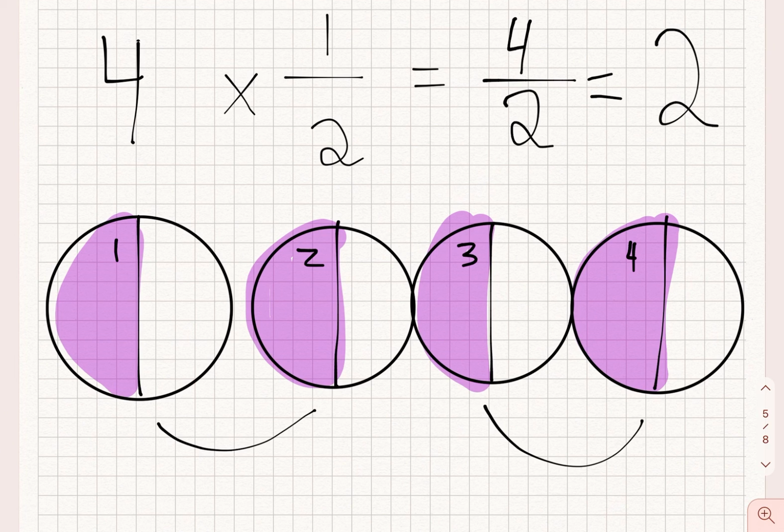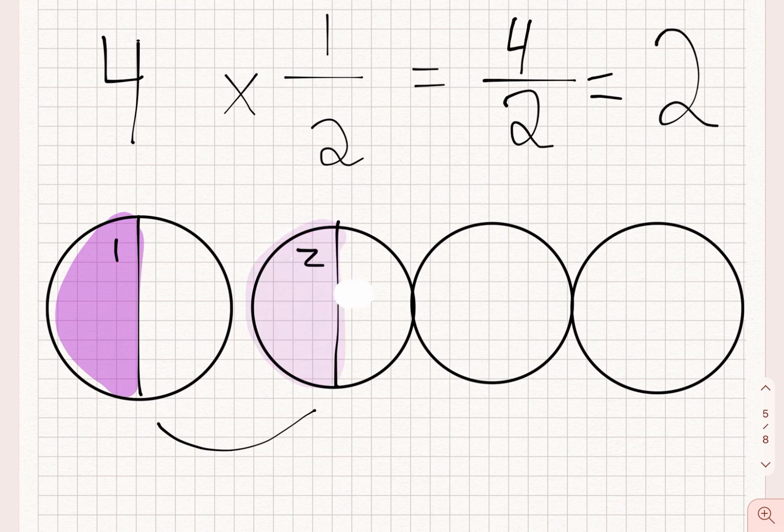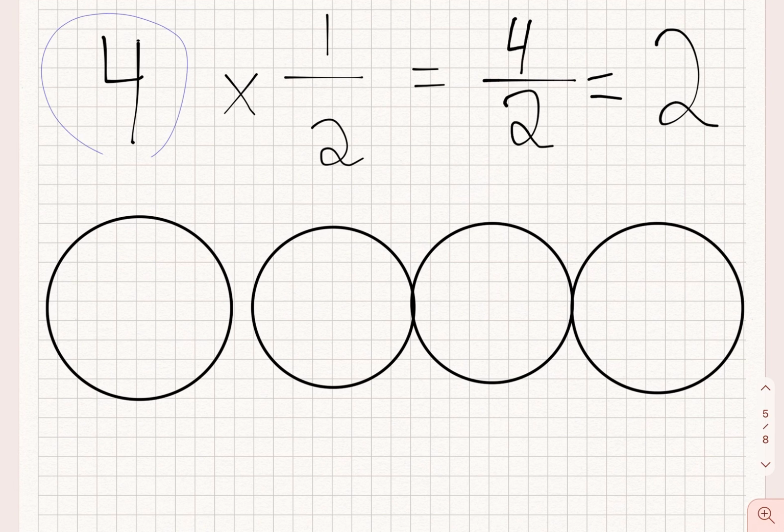But I want to learn how to do this without the models. So let's give that a try. To do this without the models, I would multiply. First, I would turn the number 4 here into a fraction. I take the 4 and put it up on top, and I put that over a 1. It makes this new fraction, 4 wholes. That's what that means. 4 over 1 means 4 wholes.